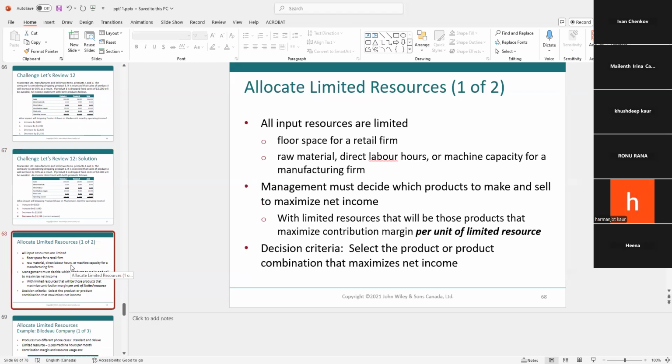The last decision that we have to do is to know what to do when we have limited resources. Obviously, in life, everything is limited. The only limited resource that we have in our life is time. Everything else is unlimited.